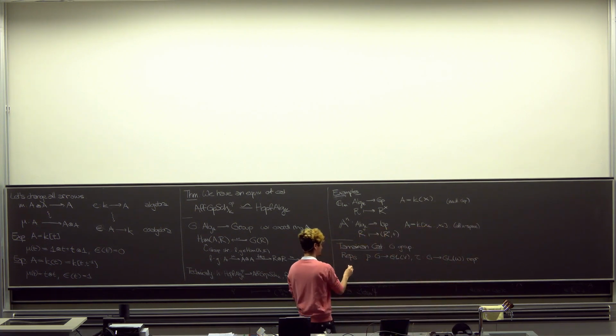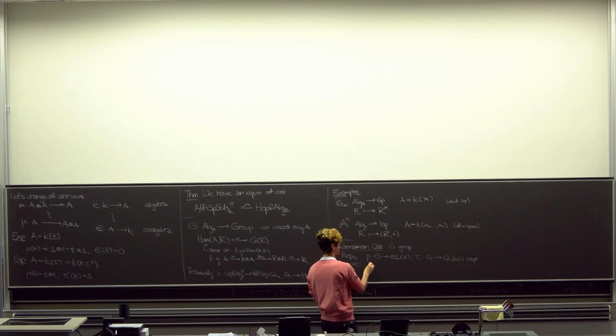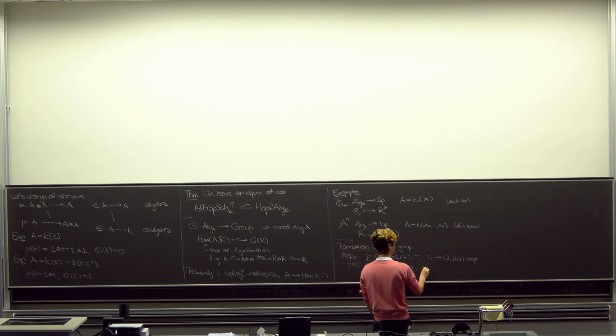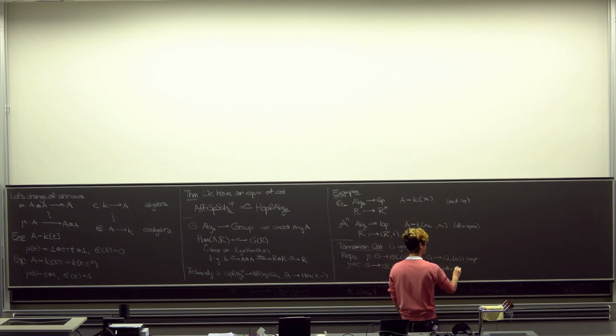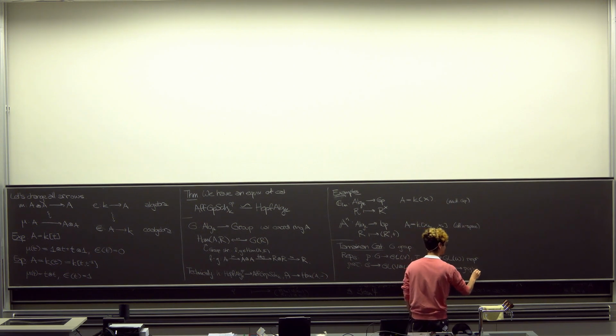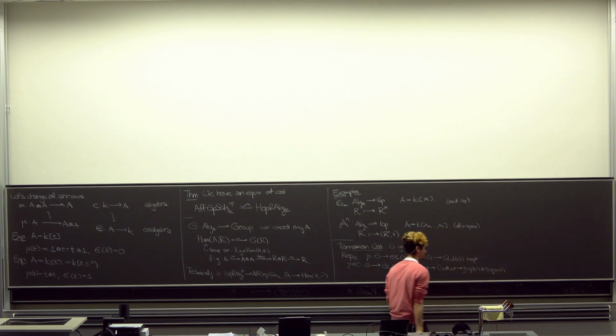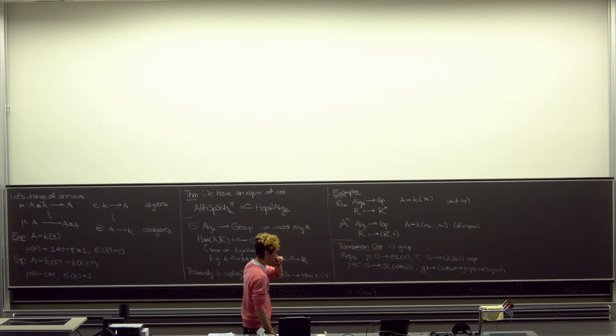And I claim that I have some notion of tensor product. For example, I can look at the tensor product representation here, which is just a group homomorphism to GL(V tensor W), where I send a group element g to this automorphism, rho_g(V) tensor tau_g(W). And I say that I have some sort of tensor product.